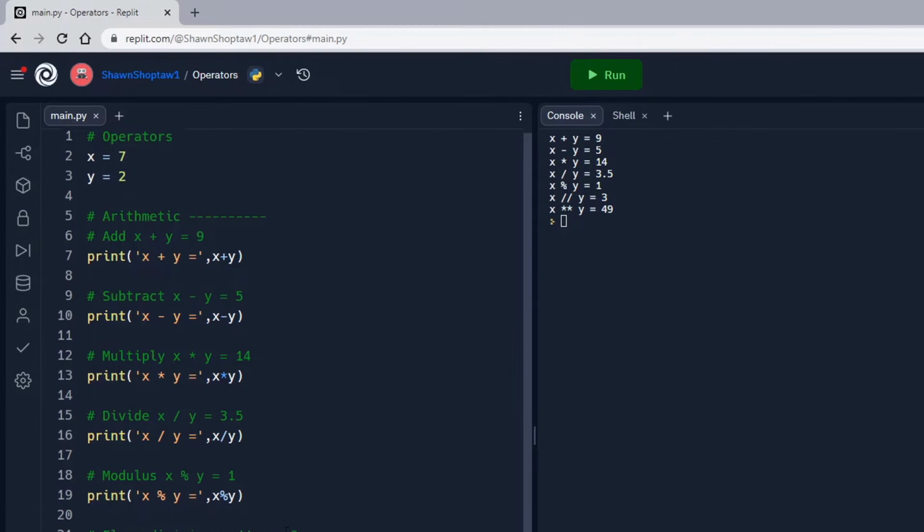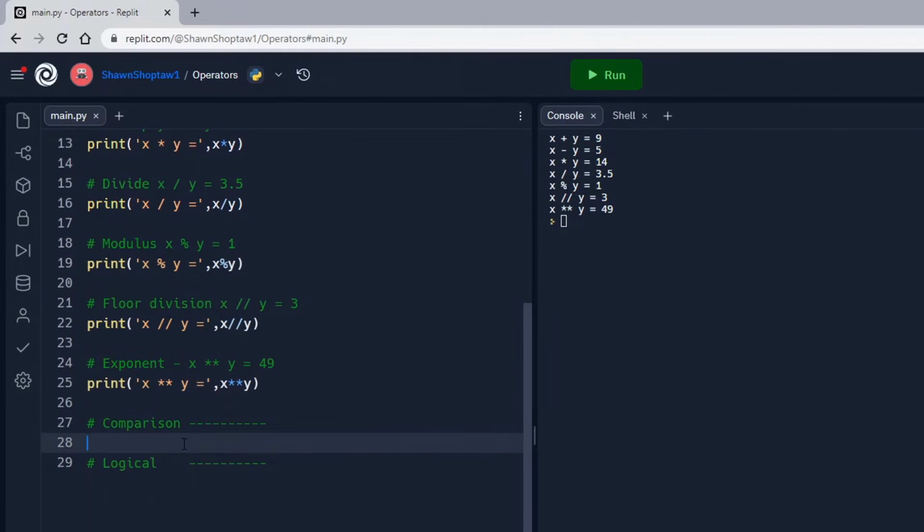All right, let's move down to the comparison operators. And the comparison operators are going to give us things like greater than, less than, equal to, things like that. So let's start with greater than. And these comparison operators are going to give us a value of whether it's true or false.